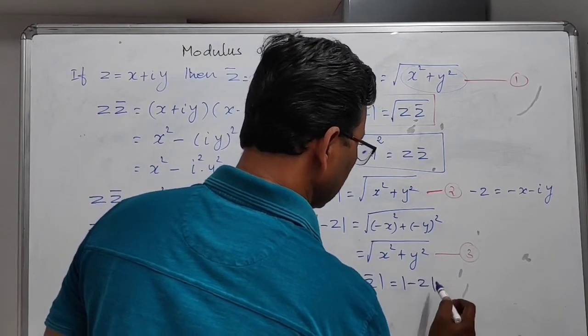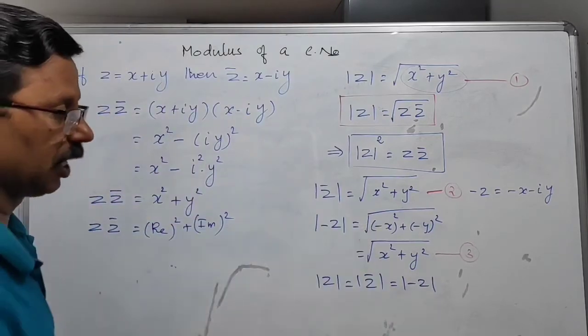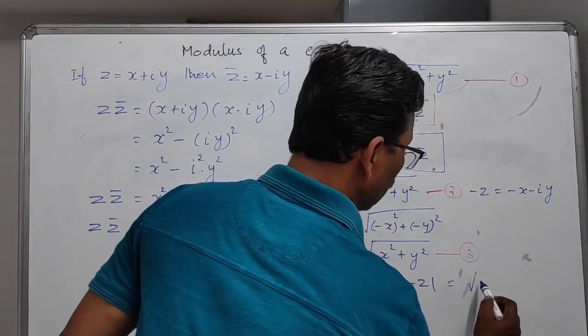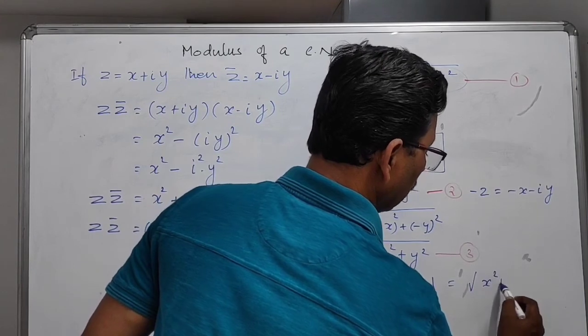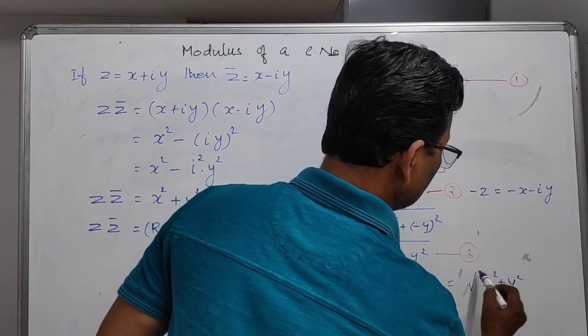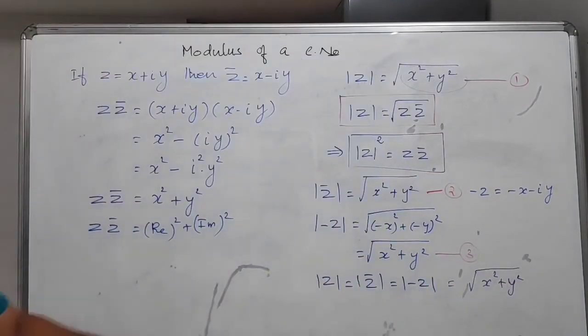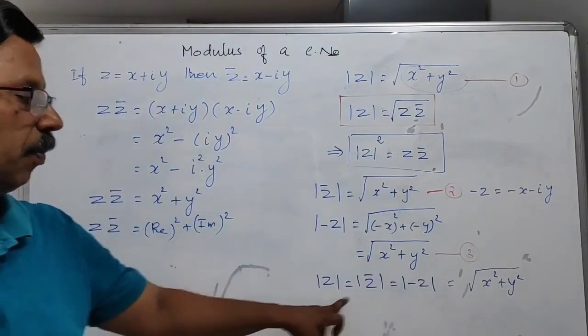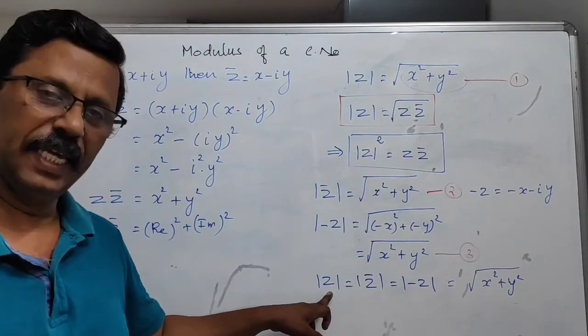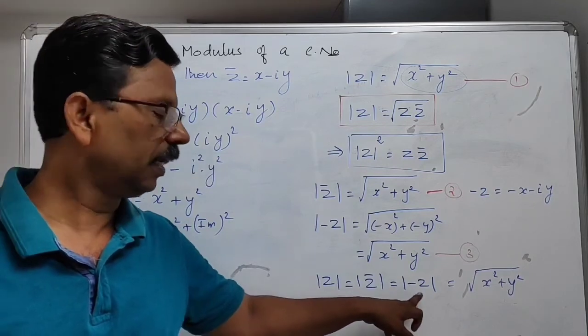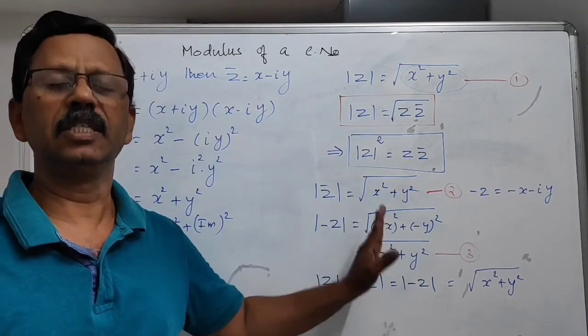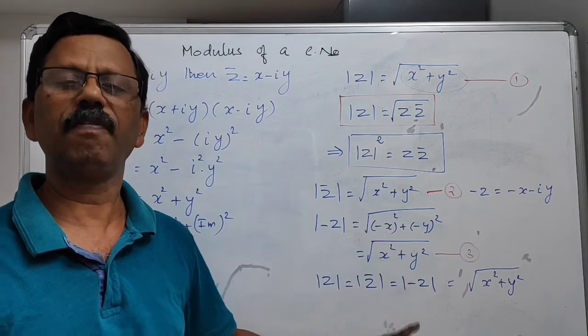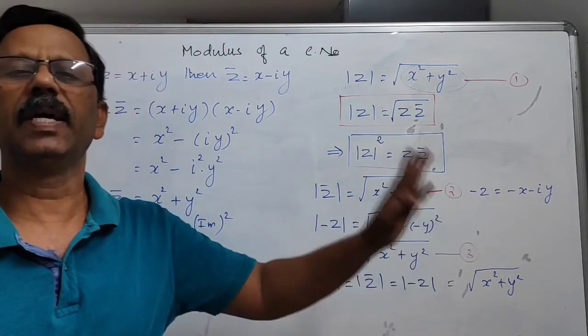All these three are equal to root of x square plus y square, that is, real part square plus imaginary part square. This is another important result. Therefore, whether it is z or z bar or minus z, its modulus is nothing but root of real part square plus imaginary part square.